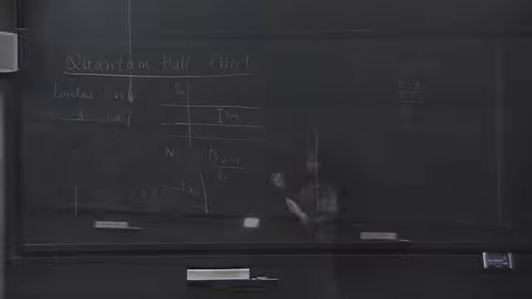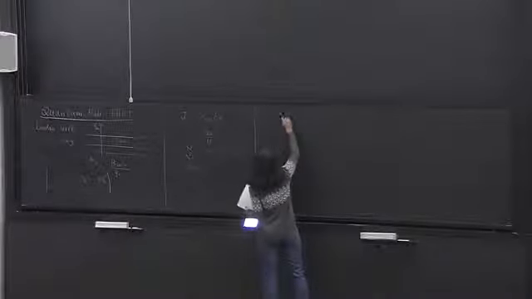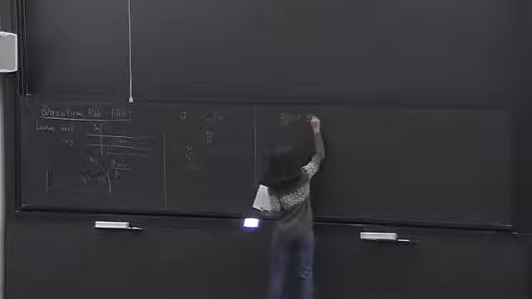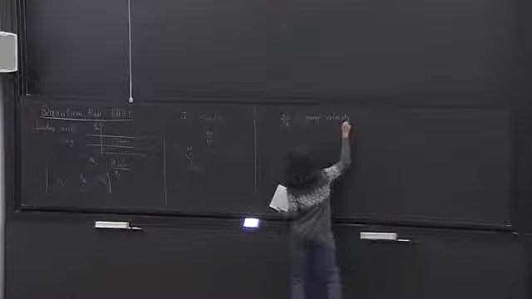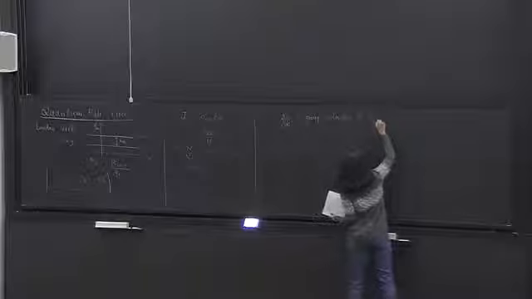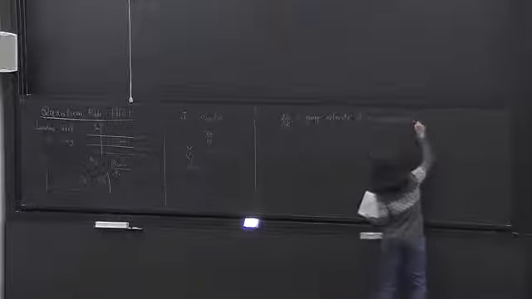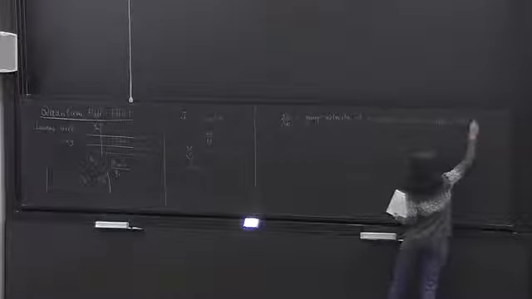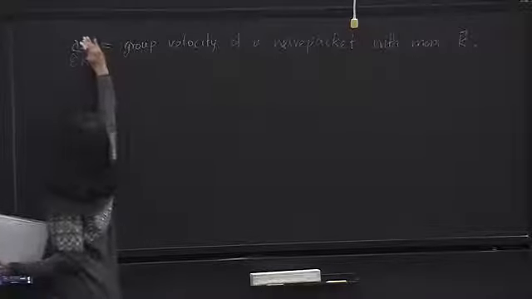So you've learned that if you make a wave packet, its group velocity is given by d epsilon dk.